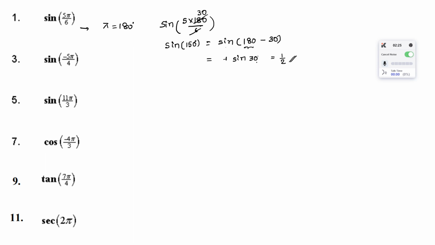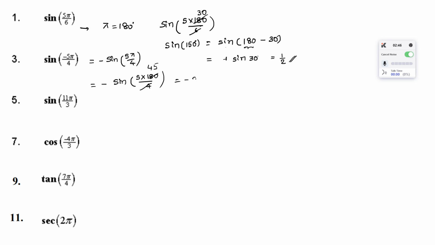And in the same way, sine of minus 5 pi by 4 can be written as minus of sine 5 pi by 4. So minus sine 5 into pi, I need to replace with 180 by 4. 4 1s are 4, 45s are 180.